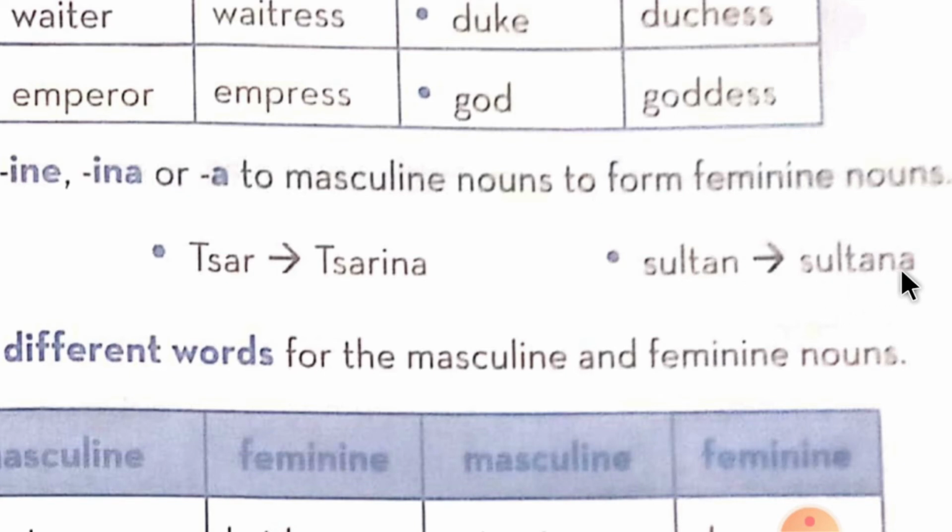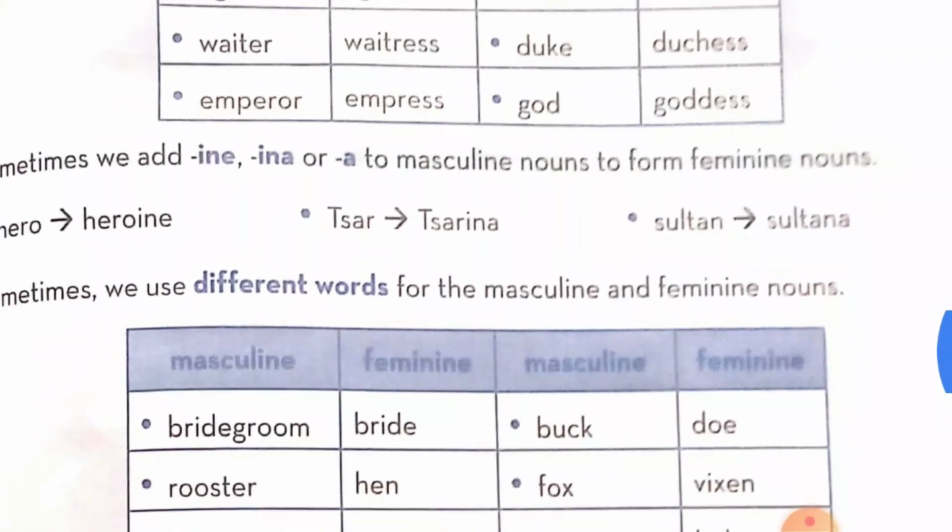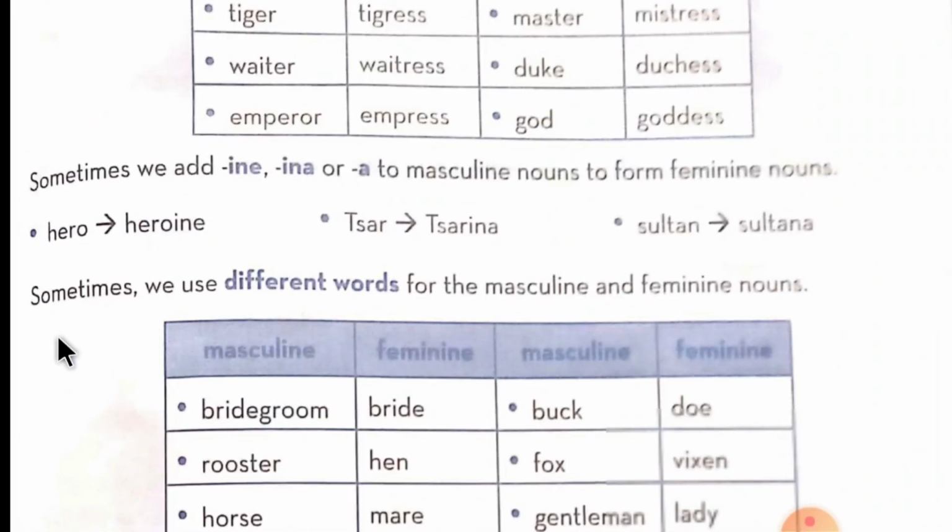Then here which we have added? A at the end of the word, that is Sultana. Okay, so in this type of words sometimes we have to add INE, INA or A. Then the masculine noun changes into feminine nouns. Okay, now look at the another rule. Sometimes we use different words for the masculine and feminine nouns.